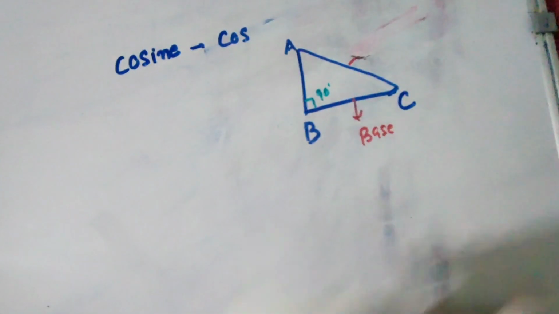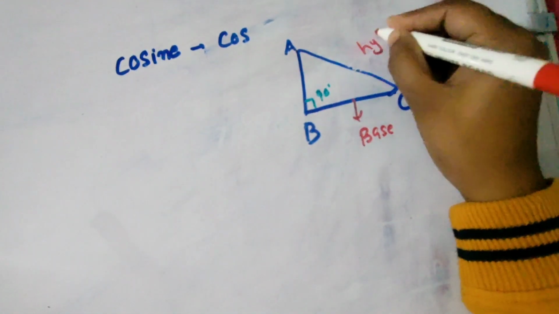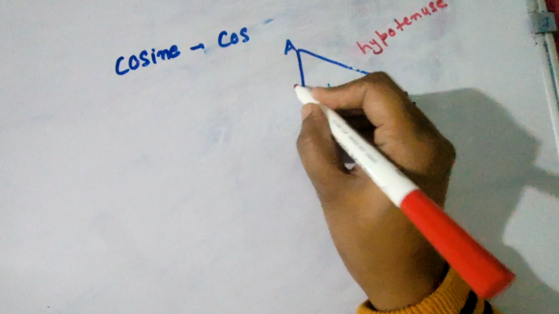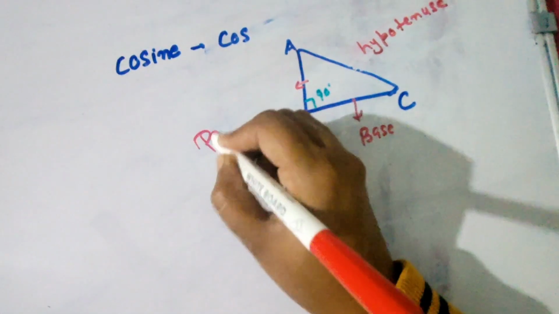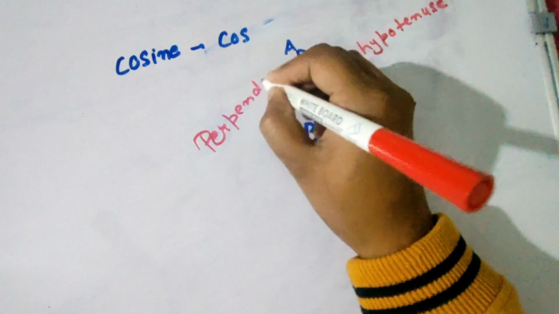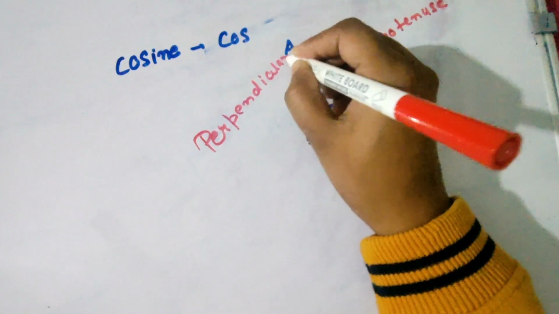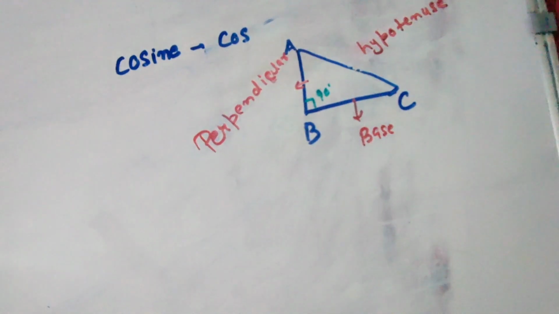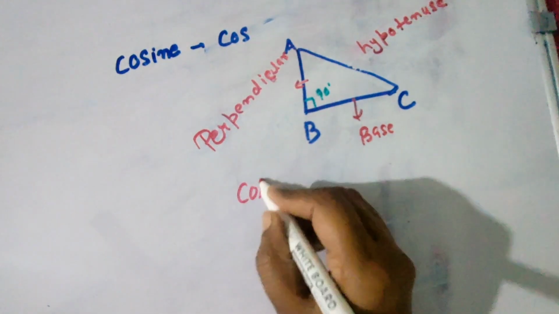Sorry, this is the hypotenuse and this is the perpendicular.